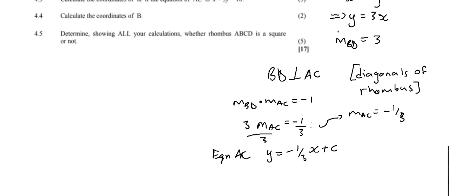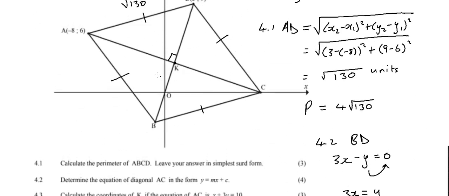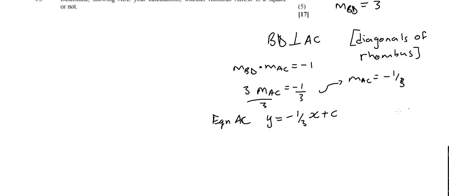Like I said in the previous question, whenever you're looking for c, use one point that the line passes through. Which line are we looking at? We are looking at AC. AC passes through A, K, and C. Which point can we use? We can use A because it has both coordinates, -8 and 6 for x and y respectively.